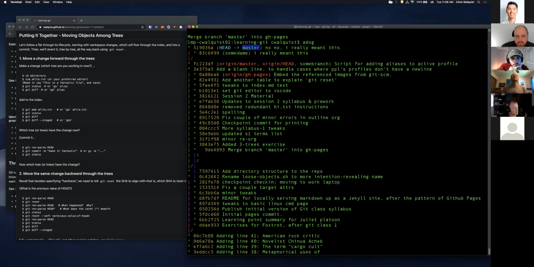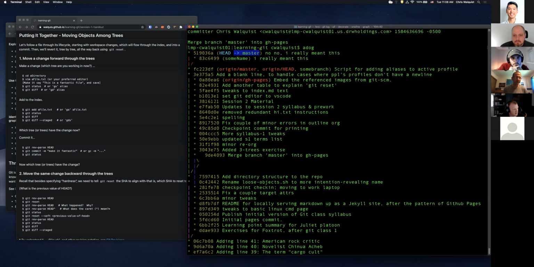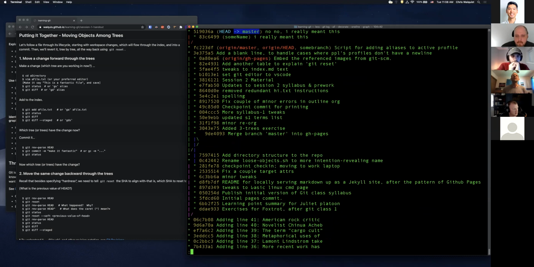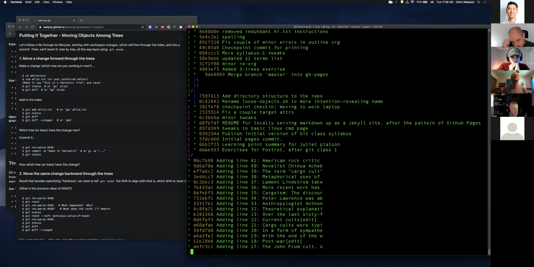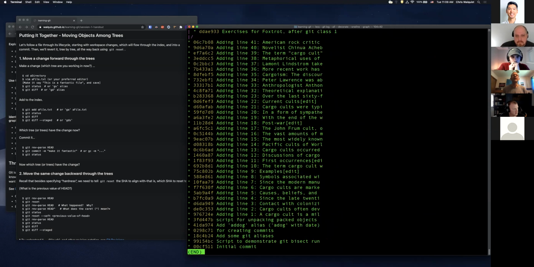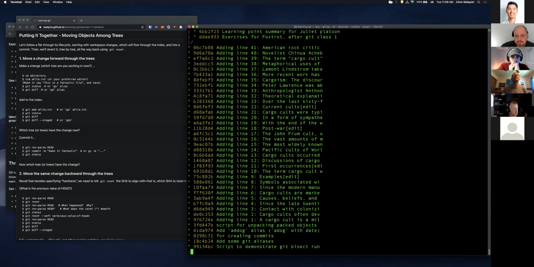And then this little arrow denotes that symbolic reference that we talked about, where HEAD is not an actual SHA, it's only a symbolic reference to something that is an actual SHA. Let's see, anything else interesting here? Yeah, that's pretty much it.